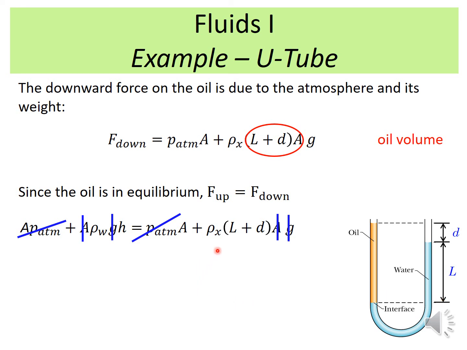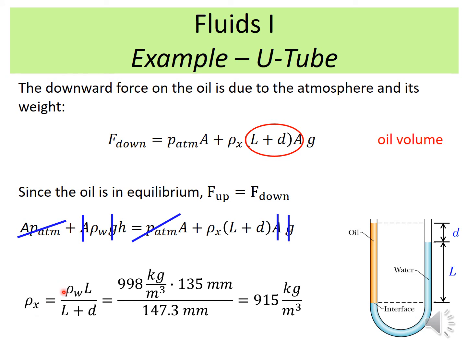And when I now solve this equation for rho X, I get rho X is the density of the water times the height of that column here divided by the sum of these two distances. And when I put the numbers in, 998 kilograms per cubic meter for the density of the water times 135 millimeters divided by 147.3 millimeters. The millimeters are going to cancel, so this is fine with the units.